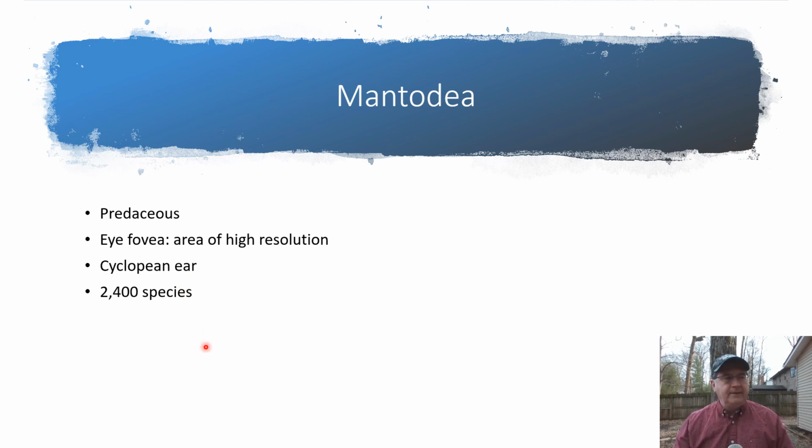This is something that was studied as long ago as the 50s. Cyclopean referring to the fact that just as Cyclops in Greek mythology had a single eye in the middle of its forehead, the mantid has a single ear, not a pair of ears on either leg where it can triangulate on where sound's coming from, but a single ear along its ventral midline. So let's look at this a little bit.